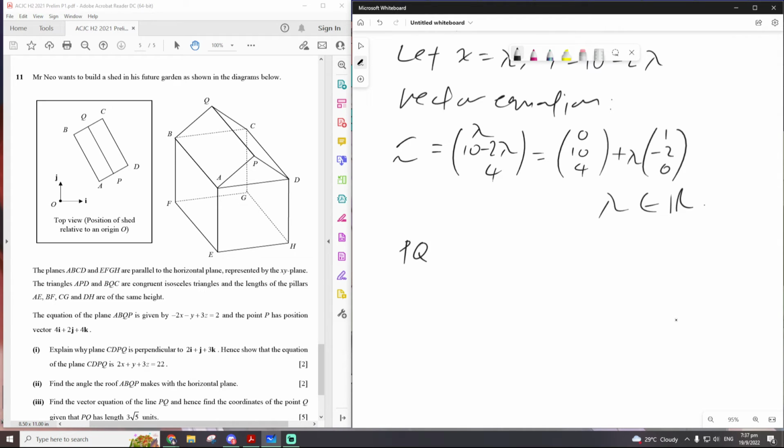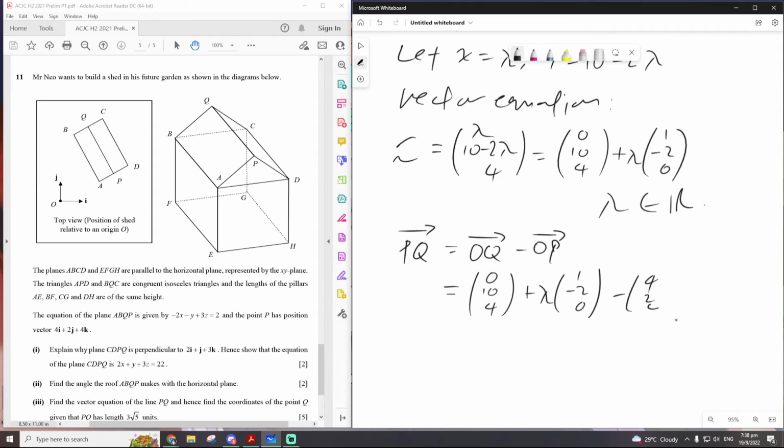So PQ is OQ minus OP, which is, we know that OQ lies on the vector equation of PQ, so you get (0, 10, 4) plus lambda (1, -2, 0) minus (4, 2, 4) for some lambda.